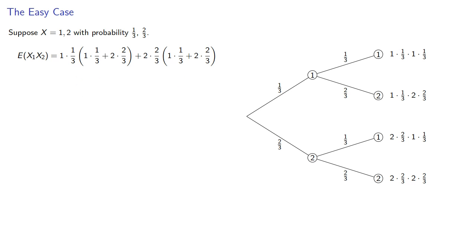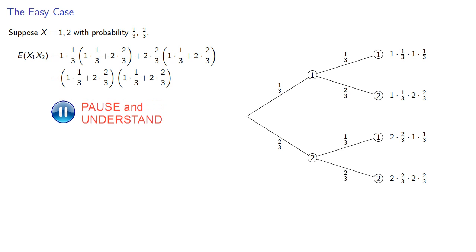And note that for both of these, we can factor out this common factor 1 times 1/3 plus 2 times 2/3, and we get which is just the product of the expected values.